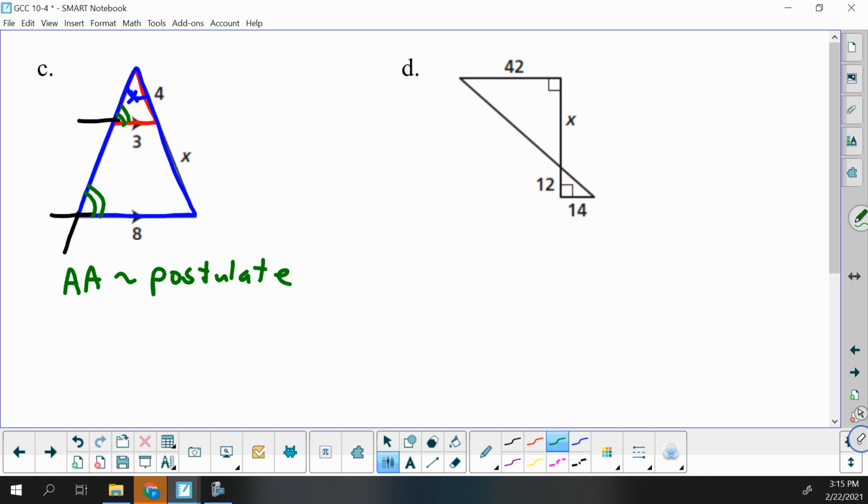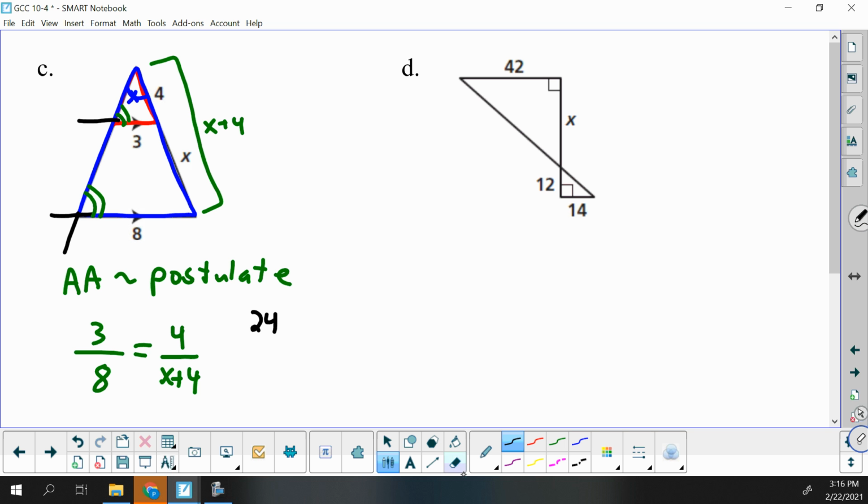A side from the small triangle is 3, and that corresponds with 8 from the big triangle. A side from the small triangle is 4, and be careful, in the big triangle, we need to add those together. So the big triangle would be x plus 4. When we cross multiply, we'll get 32.